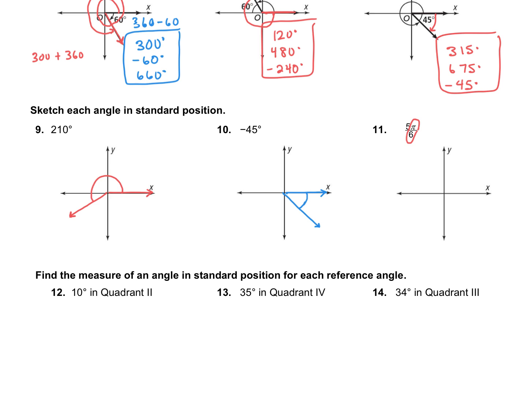So in radians, an angle of pi goes all the way over to here, which is in degrees, 180 degrees. So 180 degrees and pi is the same angle measure. So if we look at this pi over 6, what we're doing is we're taking pi, which is the top half, and we're dividing it into 6 equal sections.